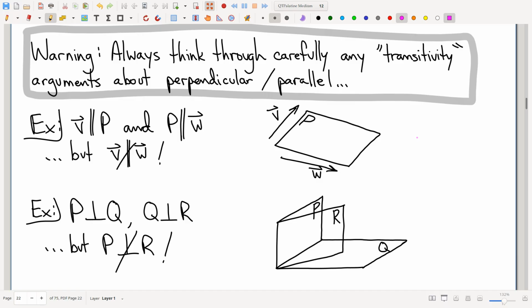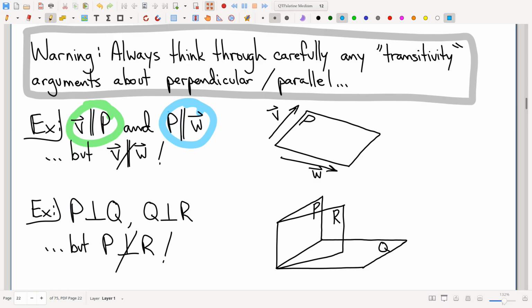So, for example, it sort of feels like if V is parallel to P, and if P is parallel to W, I mean, if this is parallel to that and that's parallel to the other, it kind of feels like V should be parallel to W, just in terms of how it lays on the page. Right? There's a seeming sort of transitivity there.